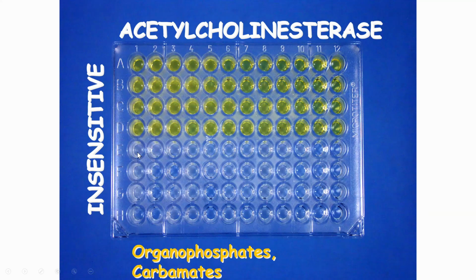When we add propoxor to these wells, if the color still remains yellow, it indicates that the acetylcholinesterase is not sensitive. But if it inhibits, that means it's still sensitive. In this case, when we use propoxor, it inhibits the color. It becomes clear, which shows that the carbamate can still be used to control the mosquitoes.